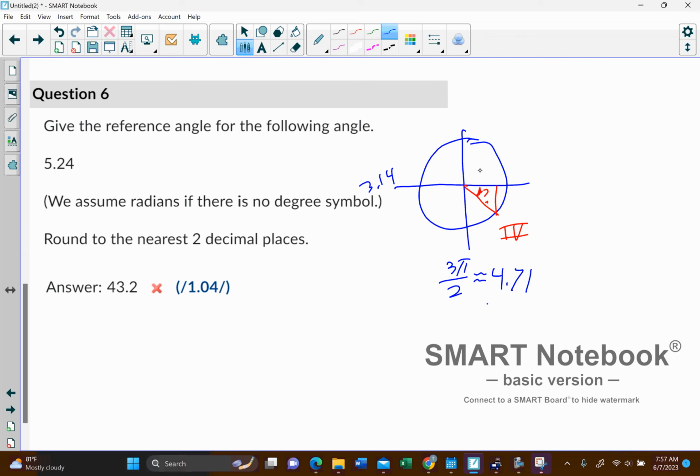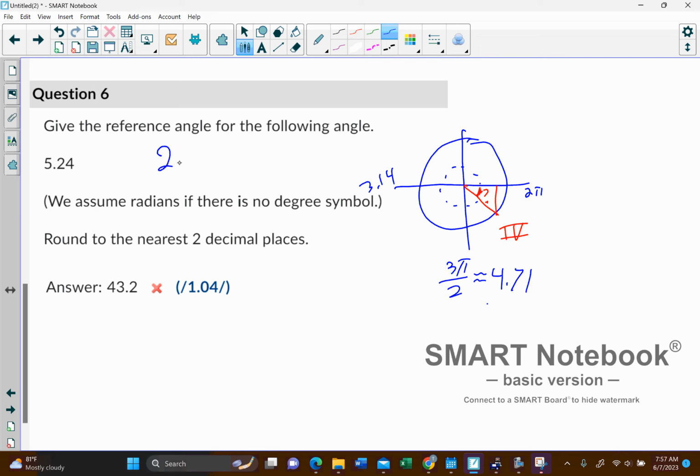A full rotation would be 2 pi or 360, right? So what we're going to do is take 2 pi and subtract off how much I've rotated so far, and then find that little missing piece right there, and that would be that reference angle.